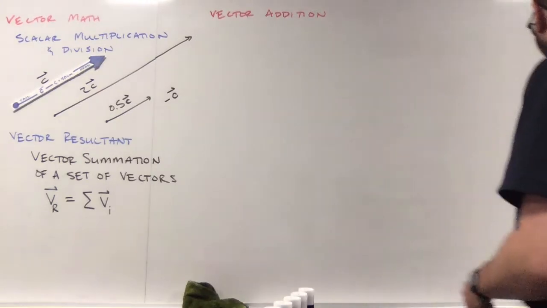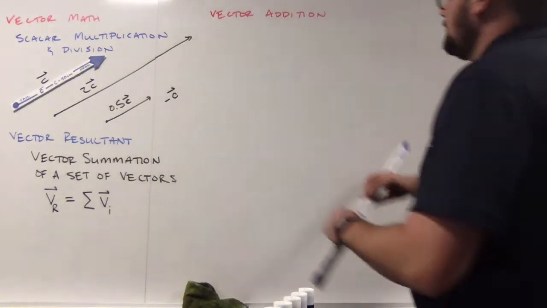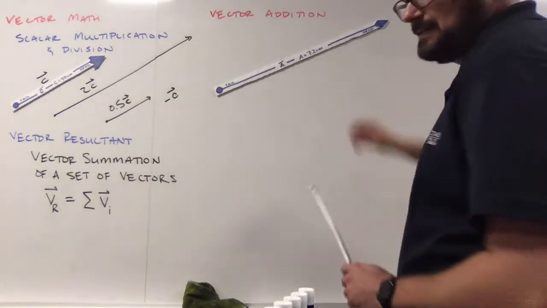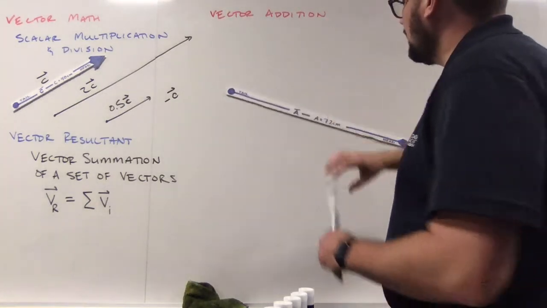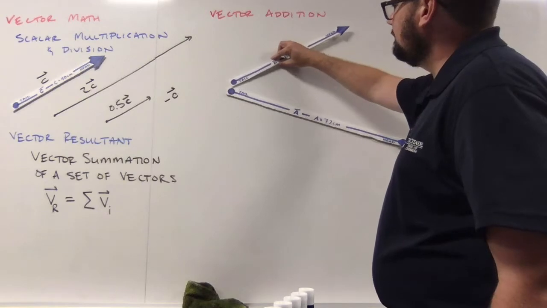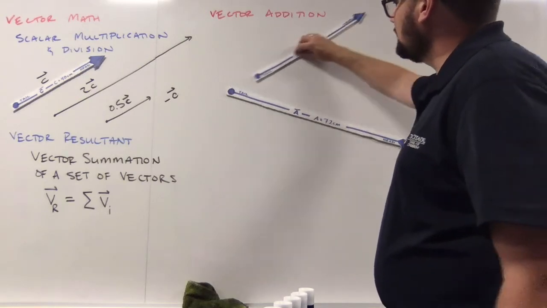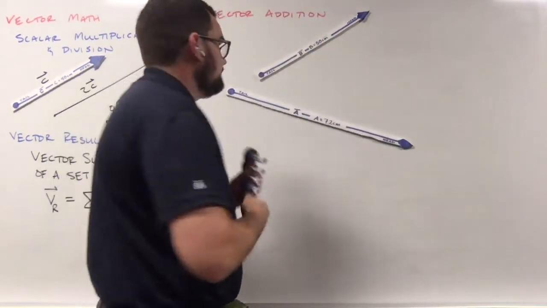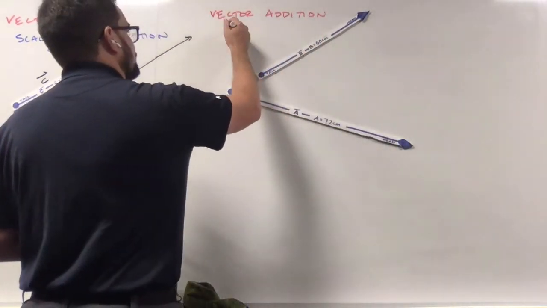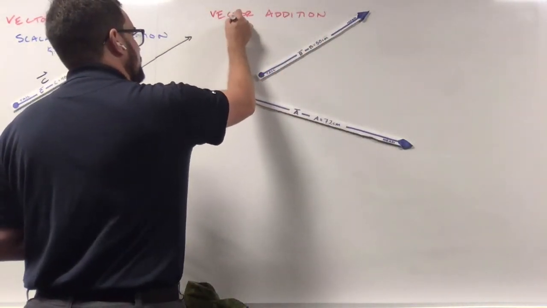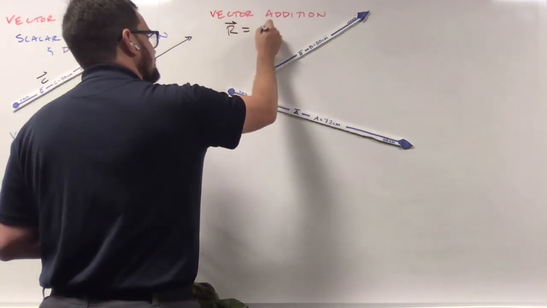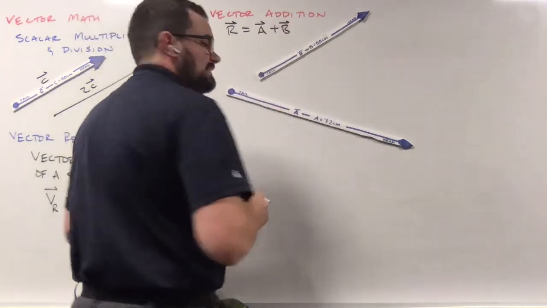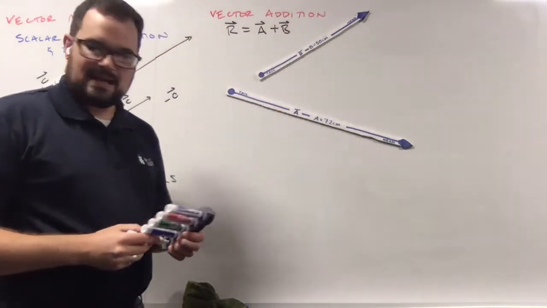So the challenge we have in mind is that we might have a system of vectors, vector A and vector B, like so. And we want to be able to add these two to come up with the resultant vector. So our fundamental question is we want to be able to solve for a resultant that's the summation of vectors A and B.